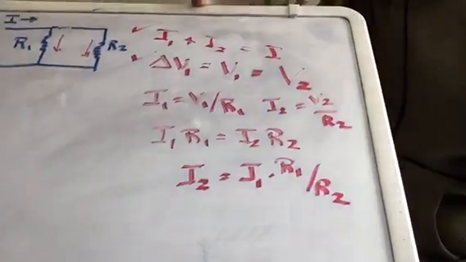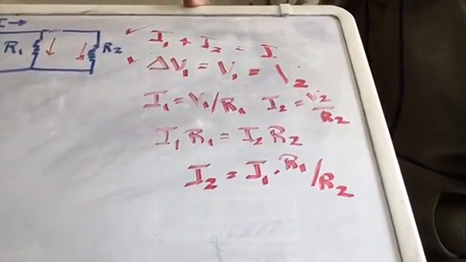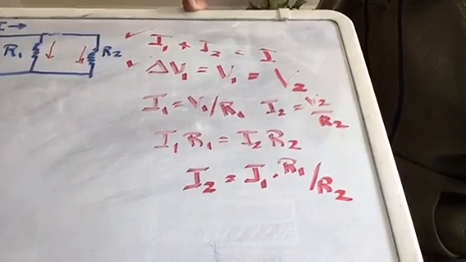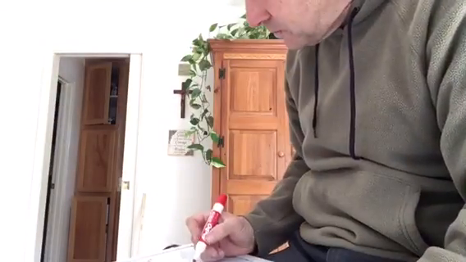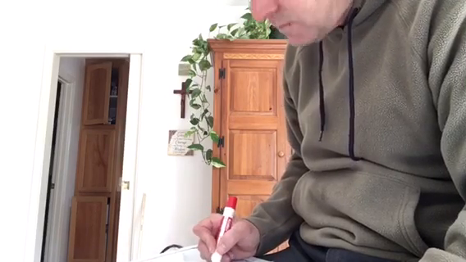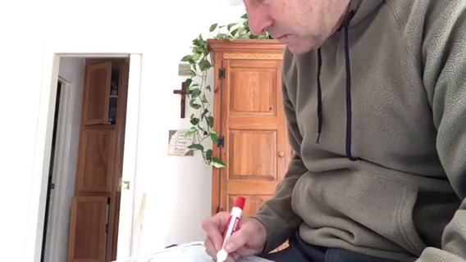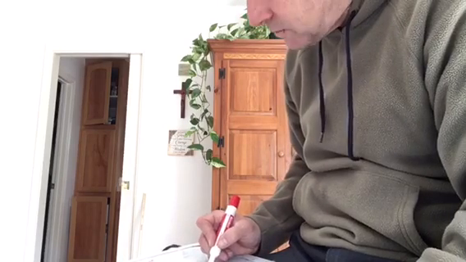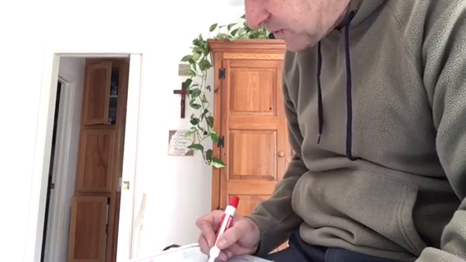I2 is equal to I1 R1 over R2, and then we're almost there to having a useful relationship that allows us to do some typical problem solving. Bear with me for just a second.